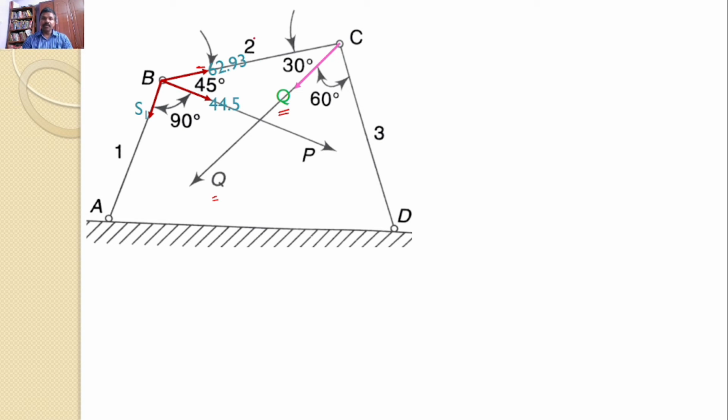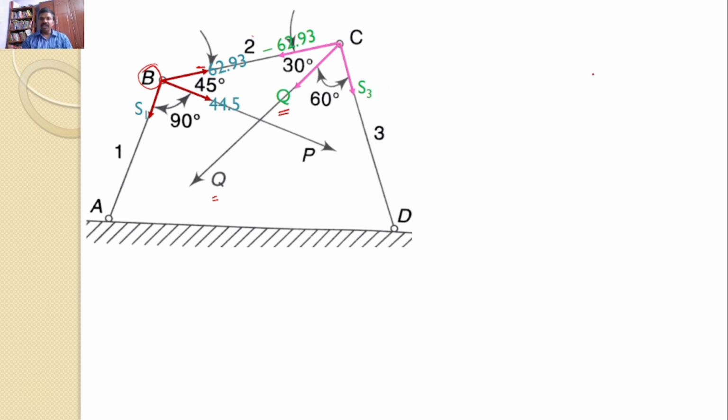The same bar 2 is attached at B and attached at C. So here the force will act S2 and that magnitude is minus 62.93, which is already calculated from the free body diagram of hinge B. There is another force, that is the tension force along the bar CD, that is S3. Initially we are assuming that all the forces in bars are tension.